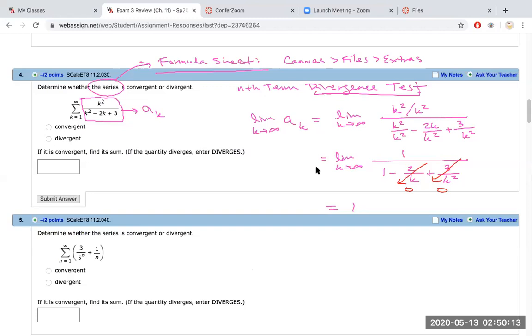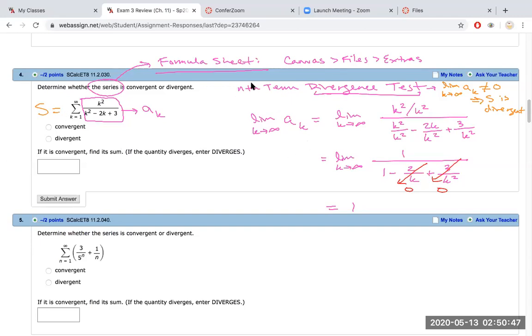Okay. So what we found here, essentially for the nth term divergence test, states that if the limit as k goes to infinity of a sub k is not equal to 0, then your series S is not convergent, aka divergent. So this is your S here.